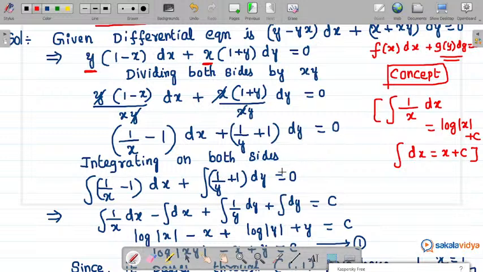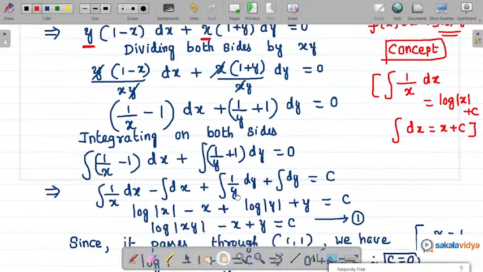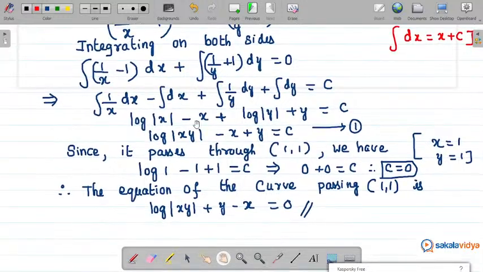Now, integrating on both sides. Integral of (1 upon x minus 1) dx plus integral of (1 by y plus 1) dy is equal to 0. So now we can write integral of 1 upon x dx minus integral of dx plus integral of 1 by y dy plus integral of dy is equal to the constant c.